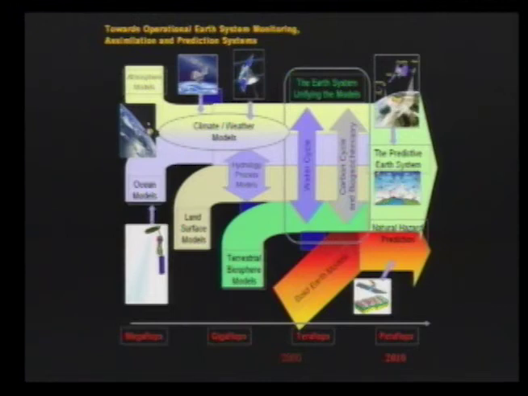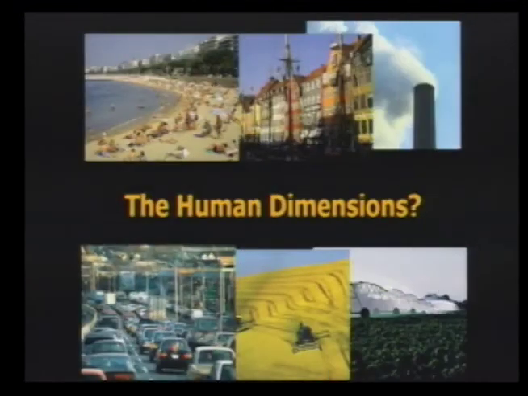A number of people are considering that, and that's another reason for having not only the physical climate aspect, but very detailed hydrology, very detailed air quality, and so on.